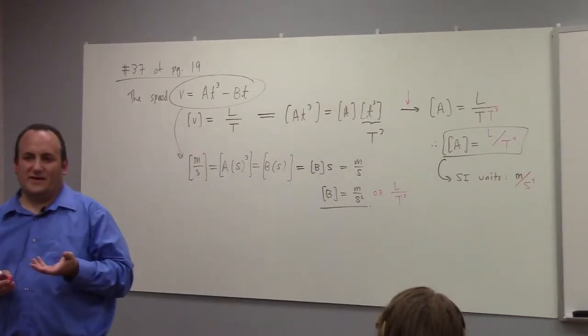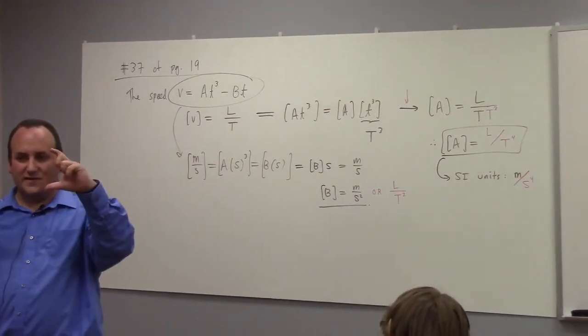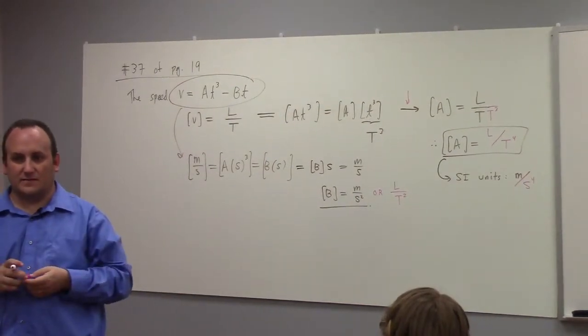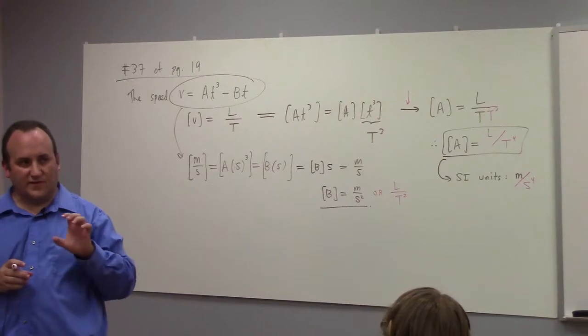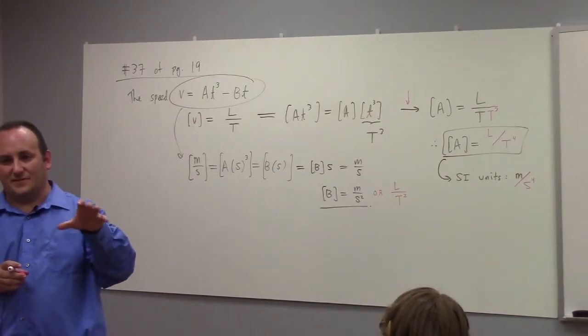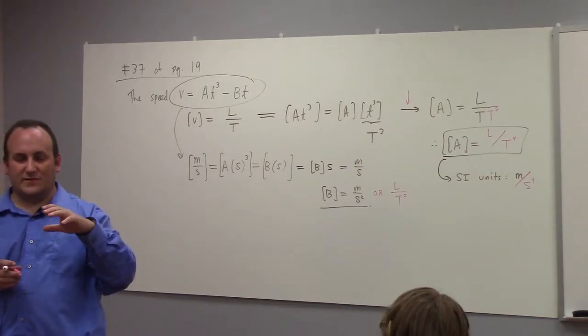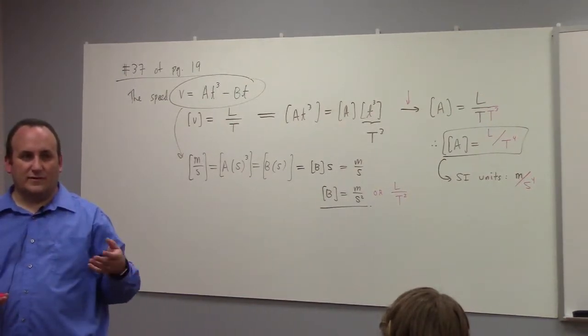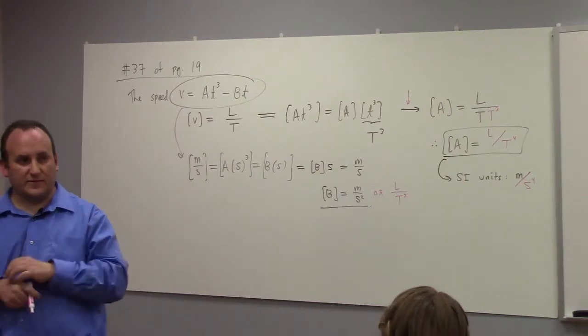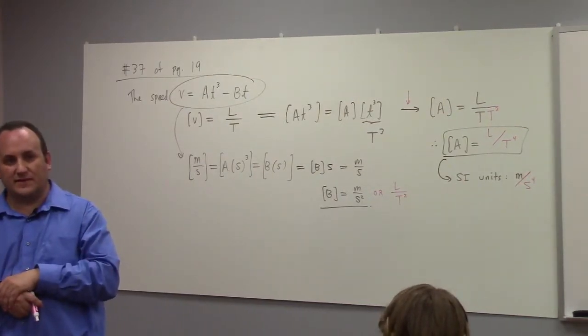So I'm being sloppy. I'm using this bracket notation both for dimensions and for the SI units, right? SI units are a specific choice of a standard quantity of that dimension. Once you make a system of measurement, there's a standard length, the length of a meter, or a standard time, the length of a second.